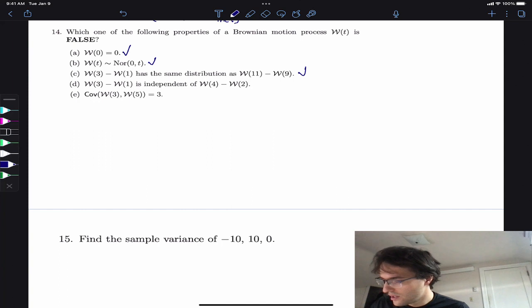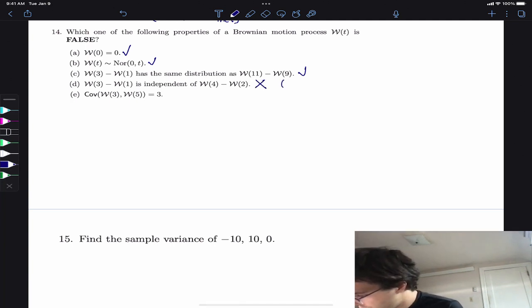And D, you have W of 3 minus W of 1 is independent of W of 4 minus W of 2. This one is actually not true, because the range 1 to 3 overlaps the range 2 to 4.